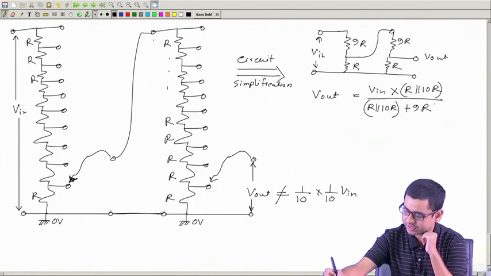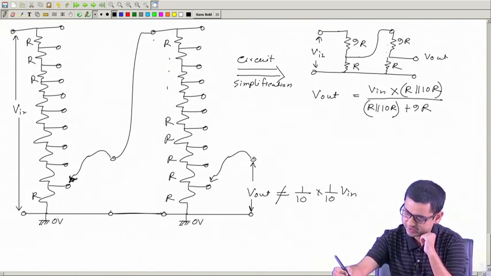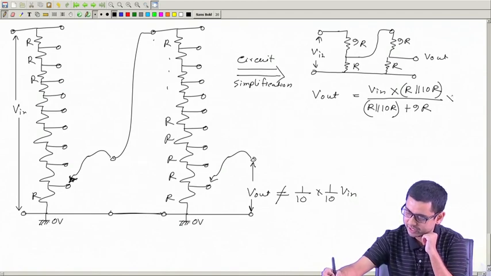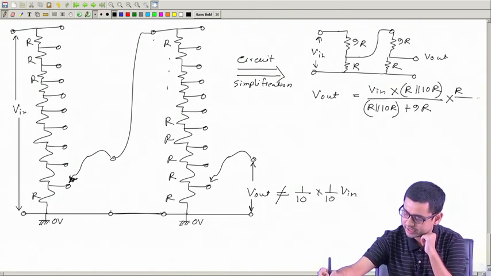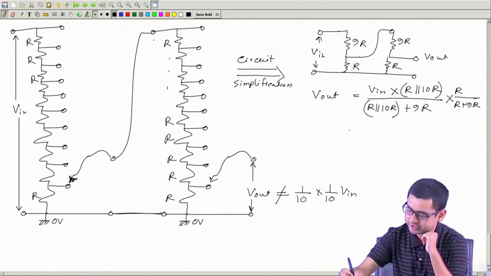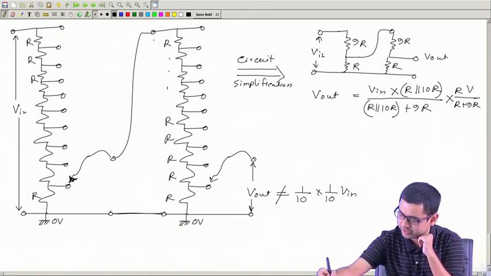This will be the potential difference between these two points. And then let us multiply it once again by another factor, which will be R divided by R plus 9R.